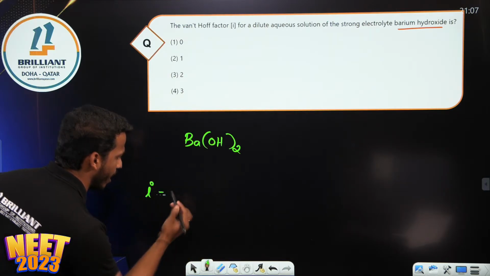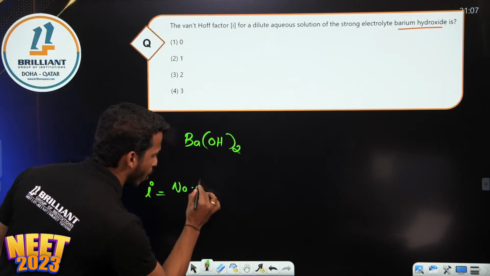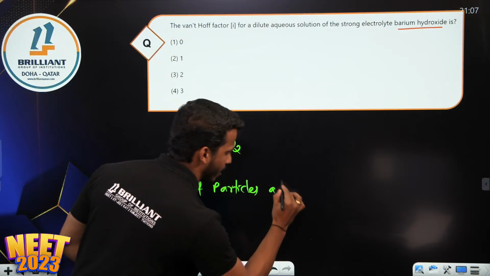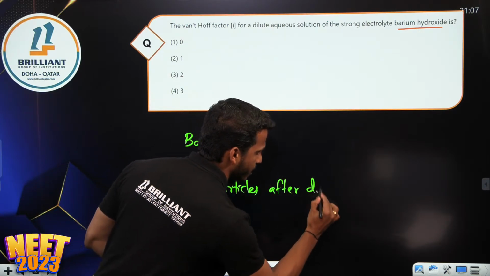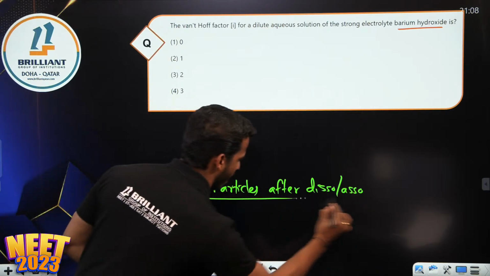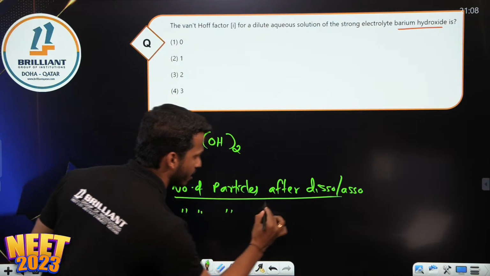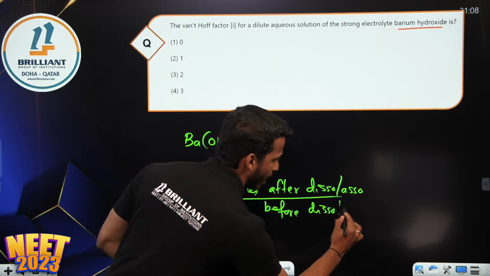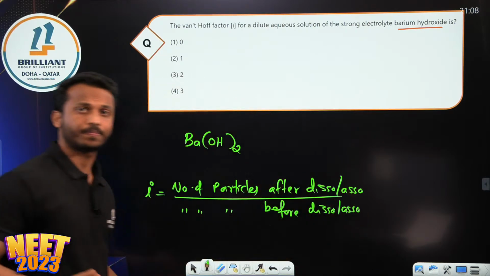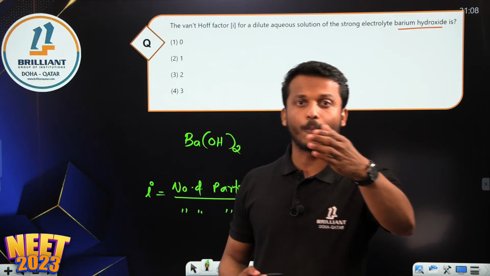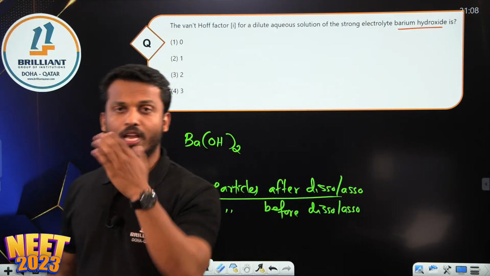The i value is calculated as the total number of particles after dissociation or association divided by the number of particles before dissociation or association. That's the equation, right? Or we have another equation also: observed colligative property divided by calculated colligative property.